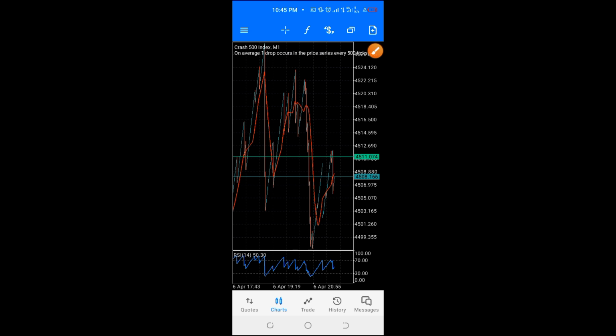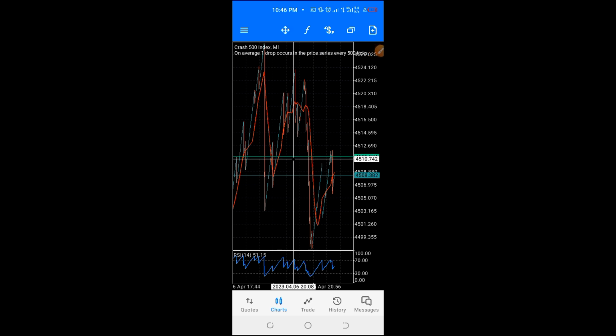All right, guys, if you could remember on the last video I did, before I posted the video, this market was actually around somewhere here. The steps were around somewhere here, but as you can see, just like I told you, it respects this trend line here because of the price action.